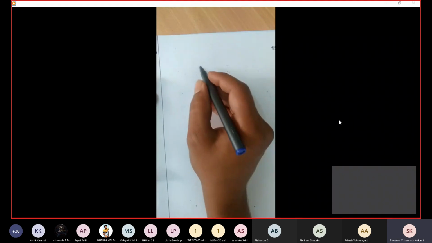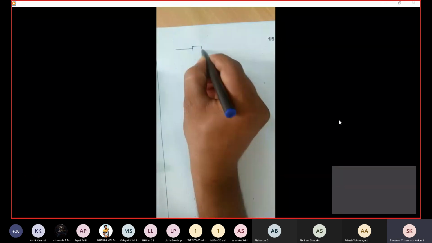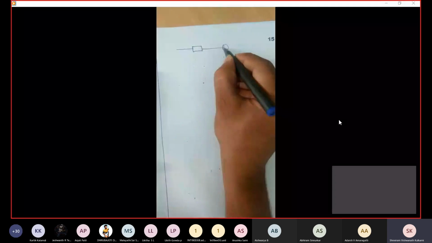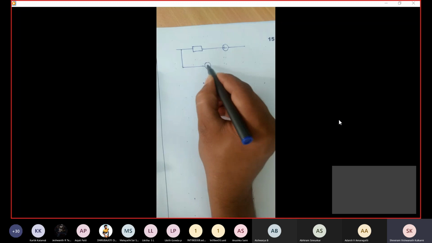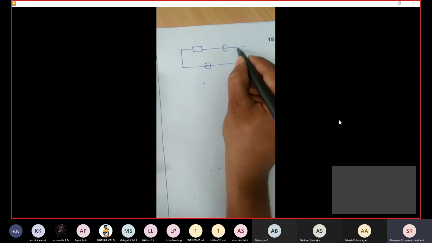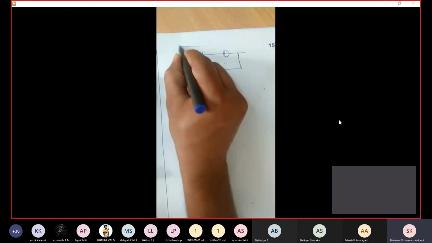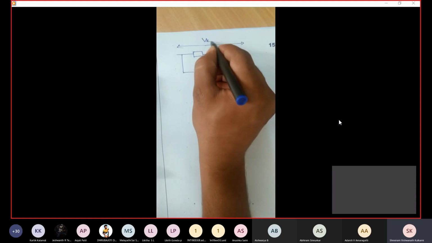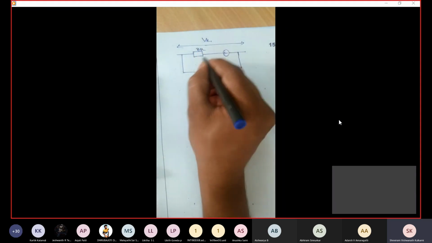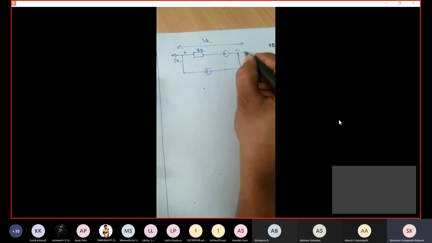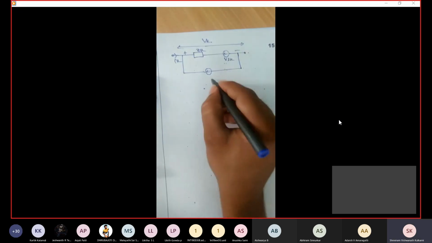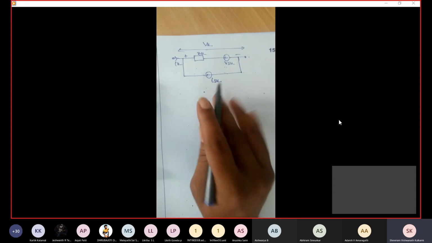Here the circuit has an impedance, a voltage source, then one parallel current source: Vk, Ik, plus minus Vsk, Isk.